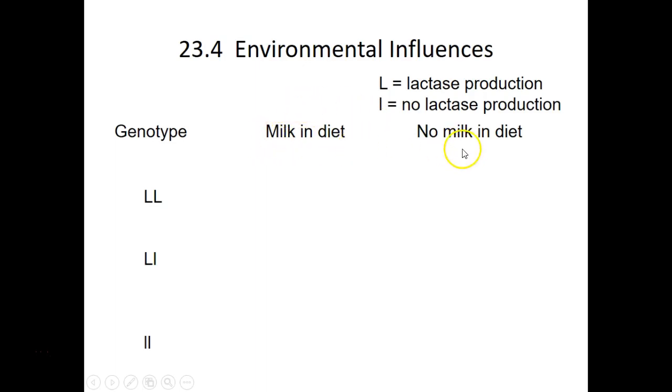Now, there are certain types of non-dairy milks, like soy milk, Silk, if you've ever heard of it, almond milk is out there, where you can have a diet where you do not have actual milk. You're using plant-based products to fill that area. So if you have two dominant L's, so you can produce the enzyme, then you're going to be happy with or without milk in your diet. You look the same.